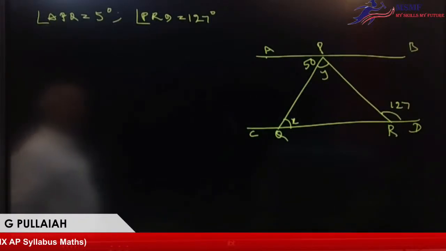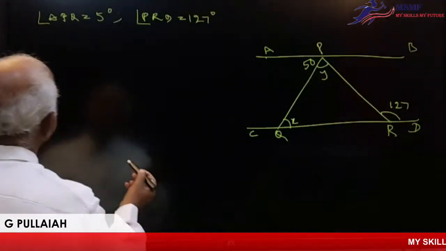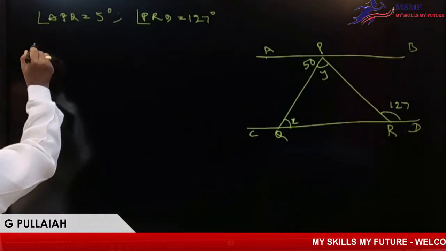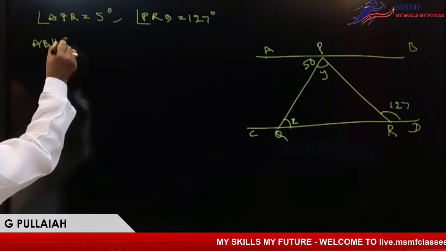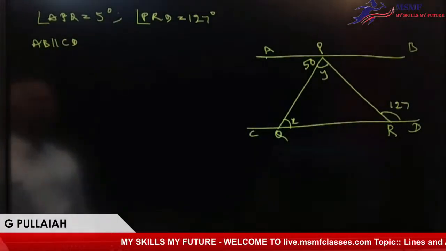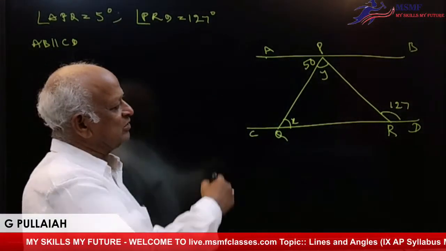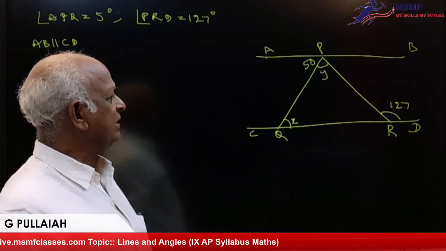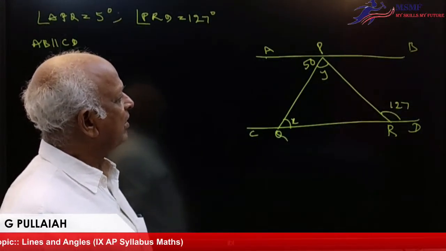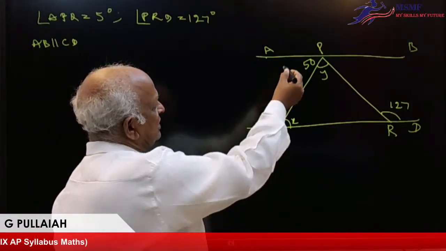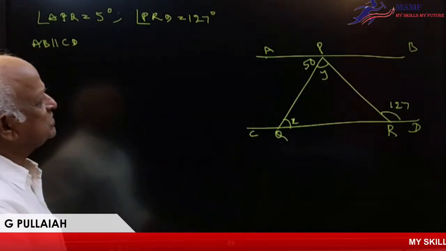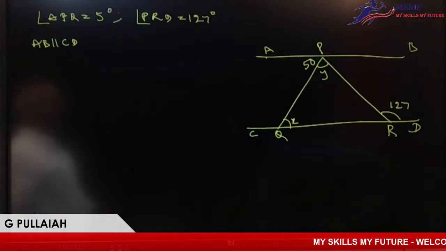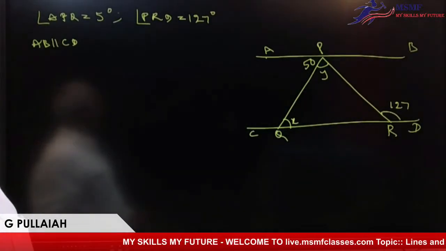So think this very carefully here. It is given that AB is parallel to CD. If AB is parallel to CD, here PQ is the transversal, and x is the alternate angle of angle 50 degrees, angle APQ.